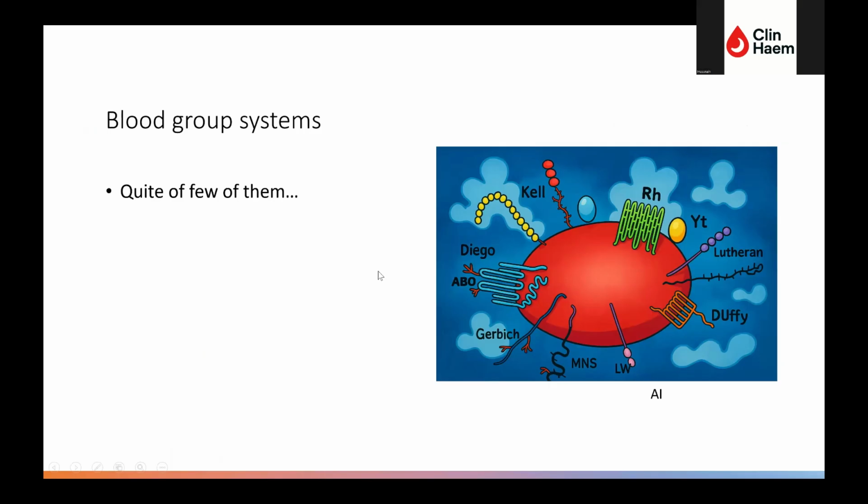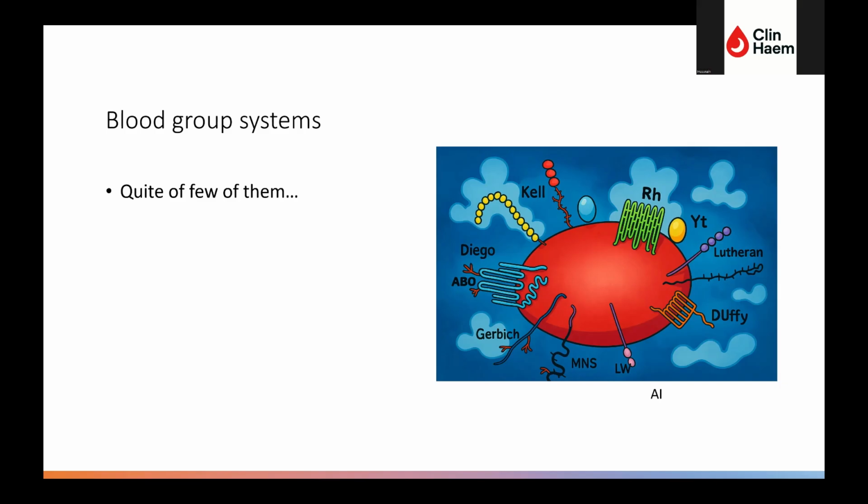There are quite a few of these blood group systems, and a person can have different types depending on whether they have a particular molecule in a blood group system, a particular version of it, or if it's absent.